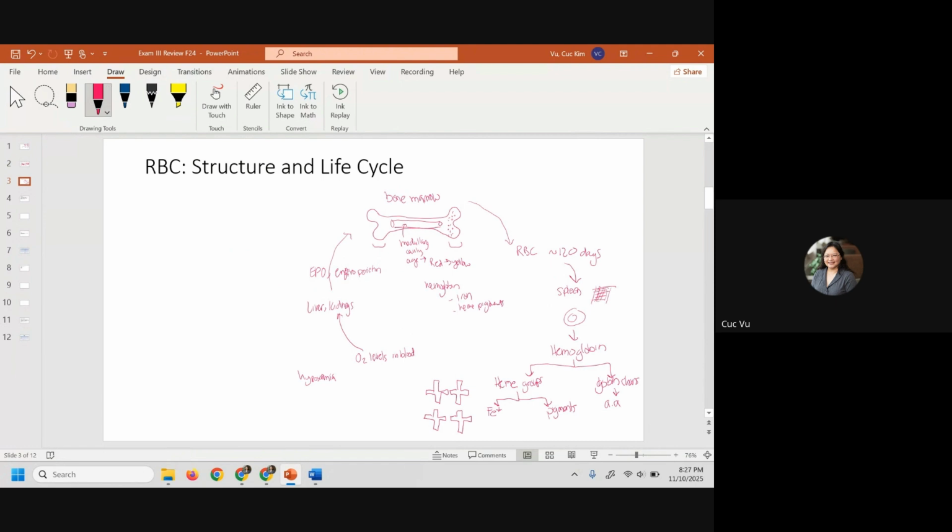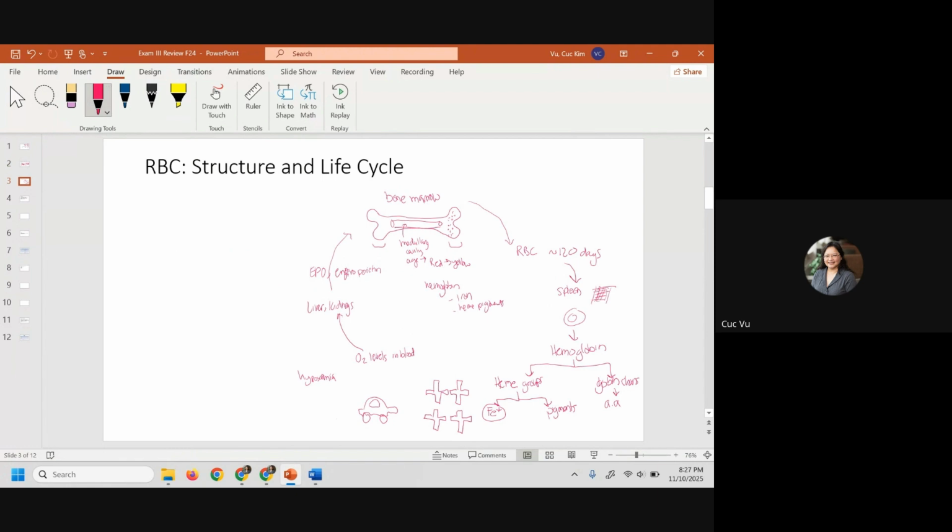Now, the reason why the heme groups can bind to oxygen is because of the iron. Think of it this way. Your car, if it's metal, if it's made up of iron, when it oxidizes, what happens to your car? Rusty. Exactly.